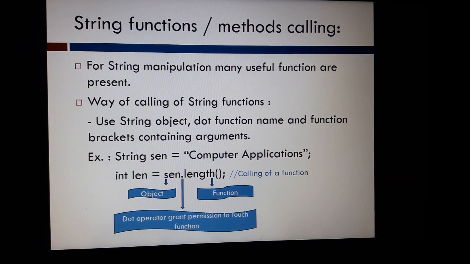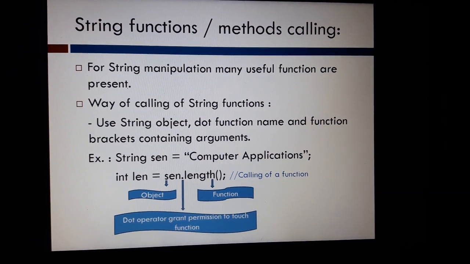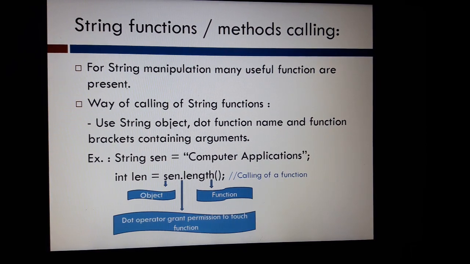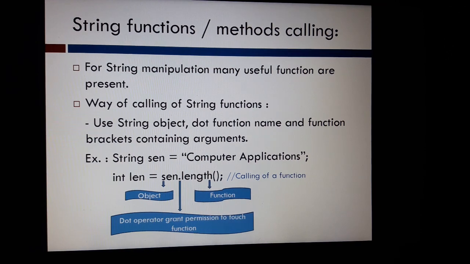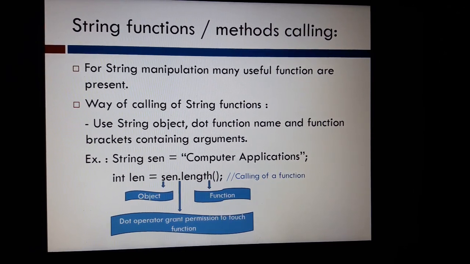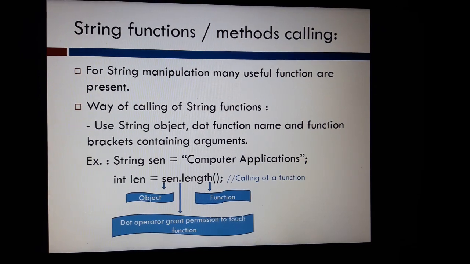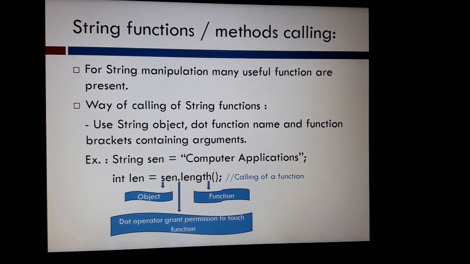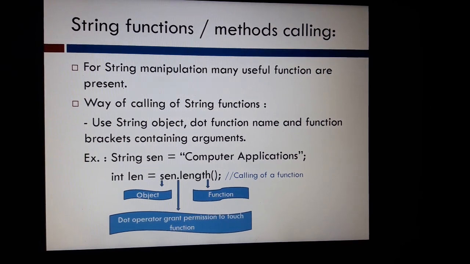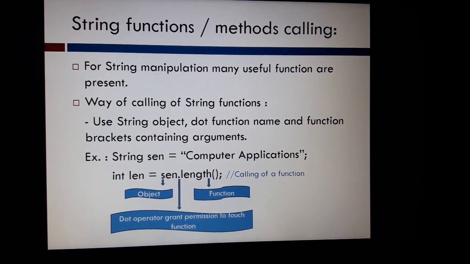Means sen is an object, which grants us permission to visit inside that object with the help of dot. What we want to touch? We want to touch a function, that is length, and length provides us the length of a particular sentence. The sentence is computer applications. See, this is a way to call a function.